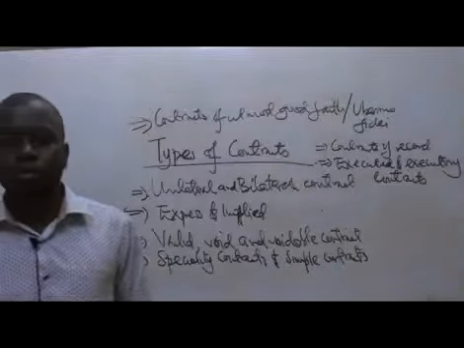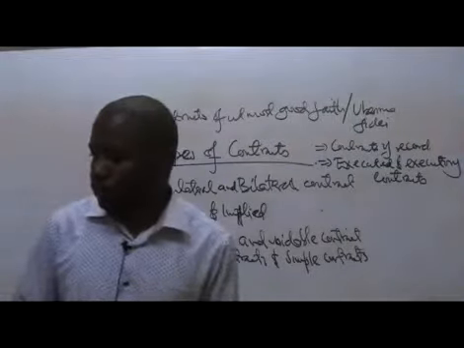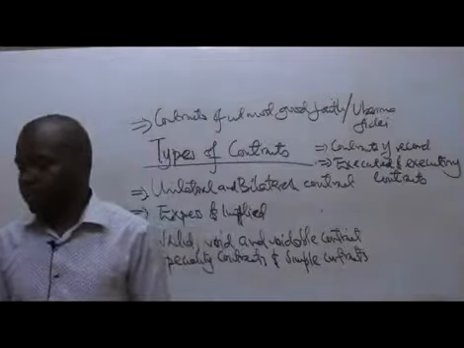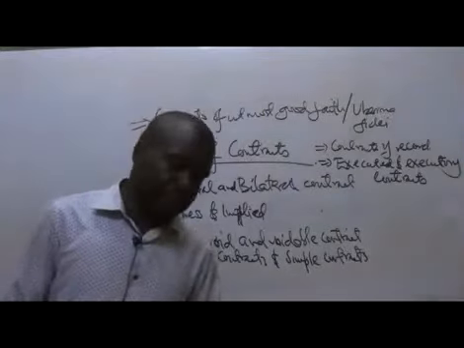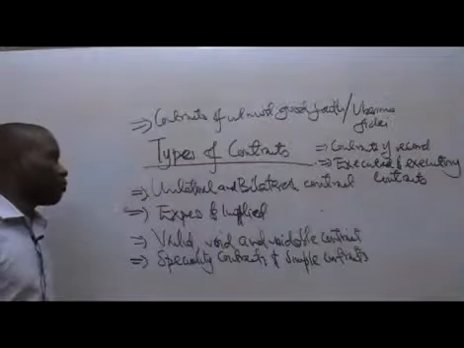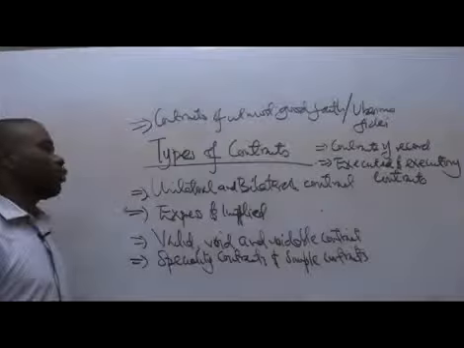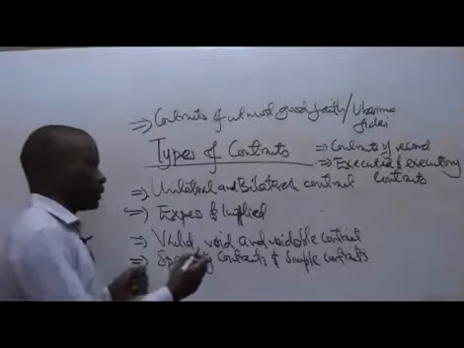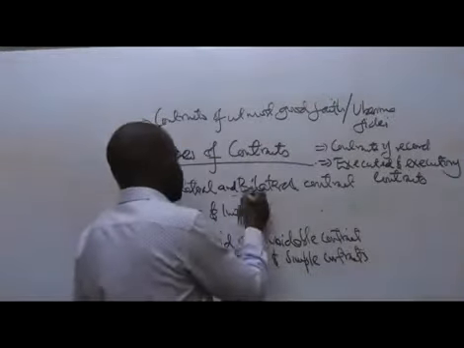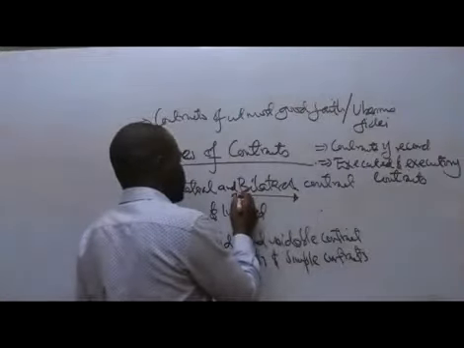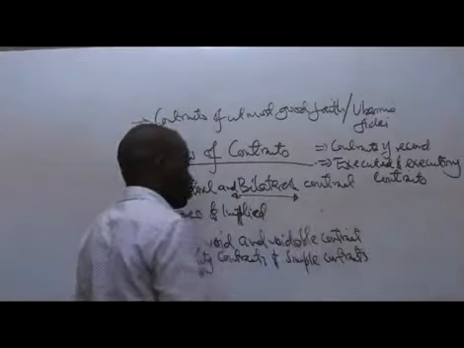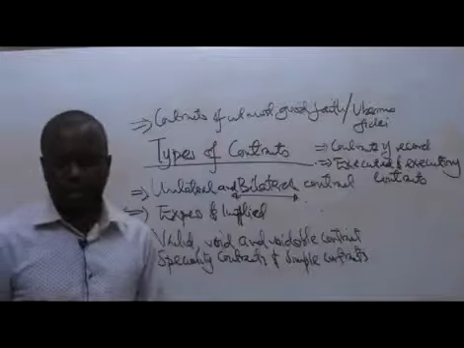A unilateral contract is one in which only one party is bound. It is usually a very rare form of contract. When you talk about a bilateral contract, then two parties are bound.